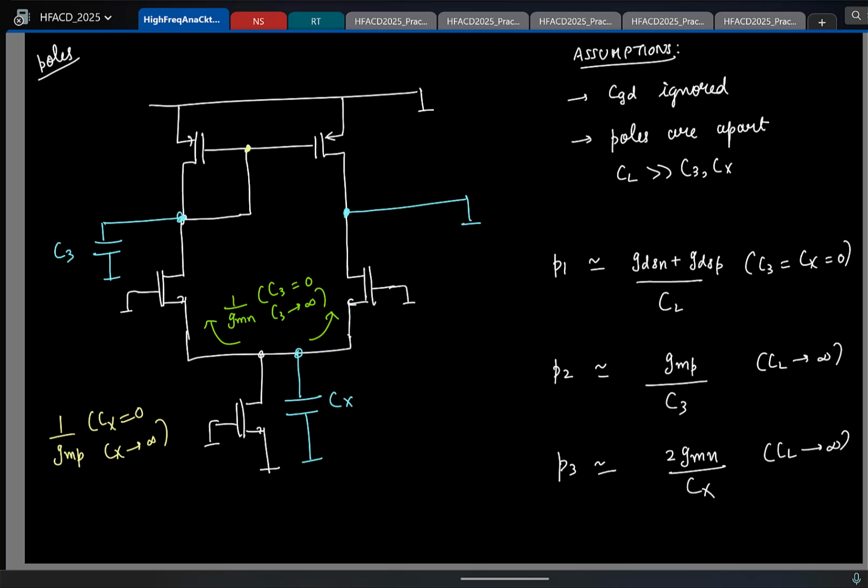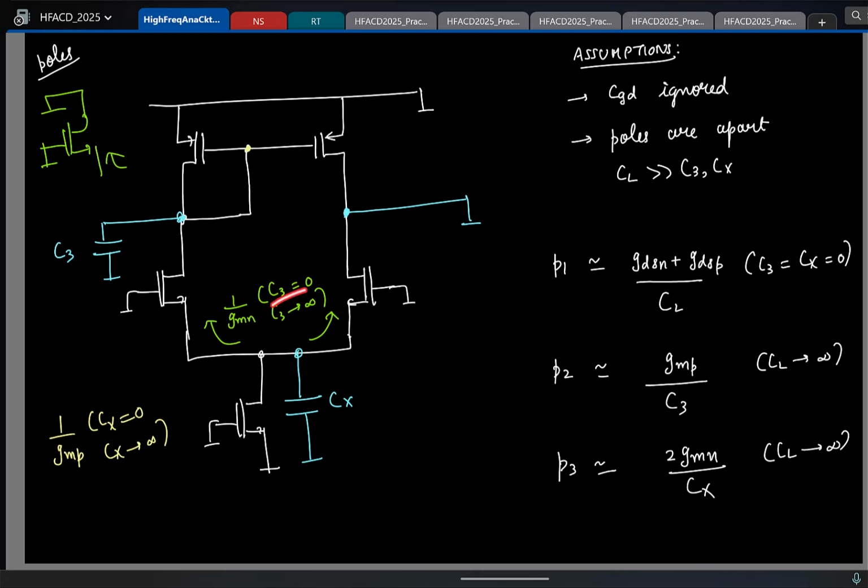This will be some resistance exactly, but approximately it is 1 by Gm, right? Similarly, if I short C3, the drain is short. So what is the exact resistance looking into the source? 1 by Gm, exactly what is it? Parallel R0 of the transistor. Again, exactly it is not the same, but approximately it is the same.